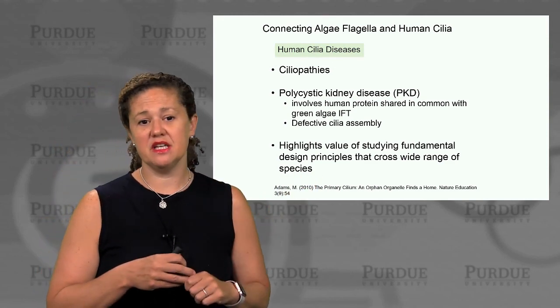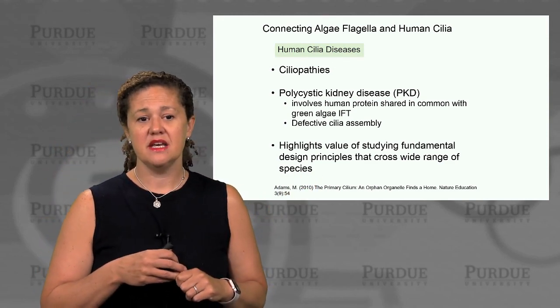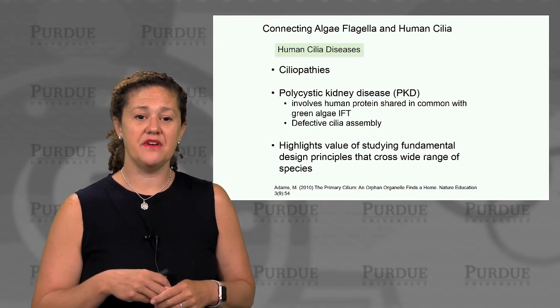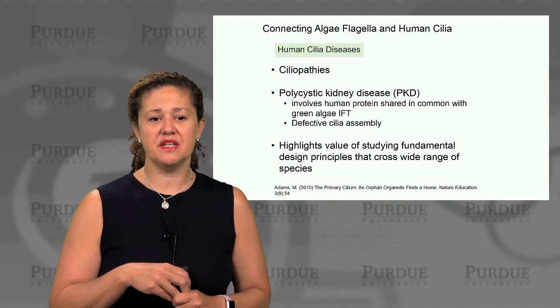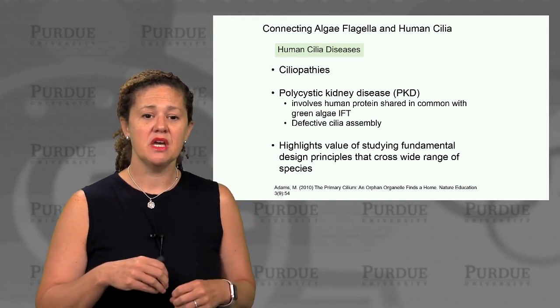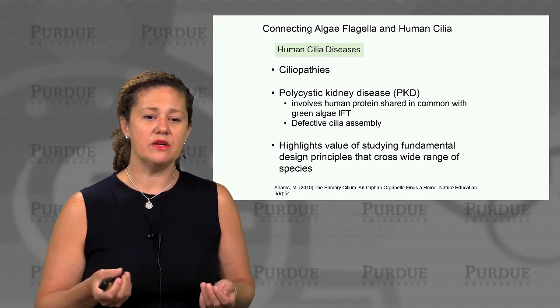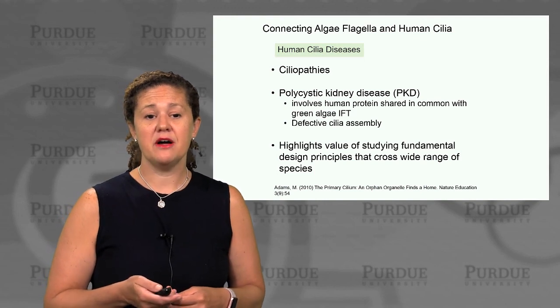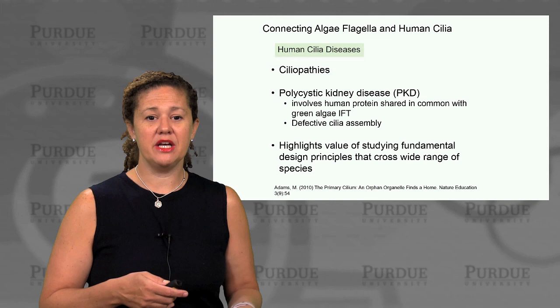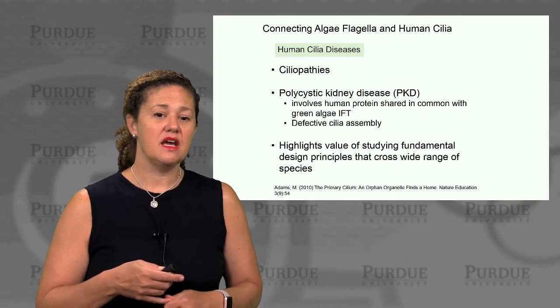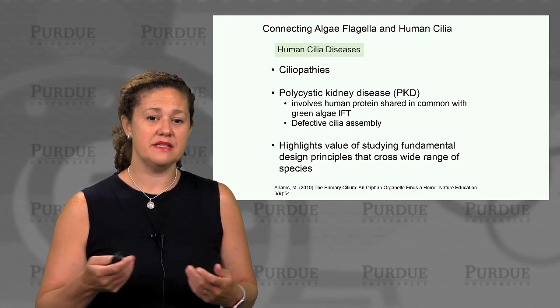There's defective cilia assembly in this disease that involves a defect in this protein. And so I think this really highlights the value of studying fundamental design principles that cross a really wide range of species, from algae, which have important applications in bioenergy and bioprocessing, as well as in human medicine and health.